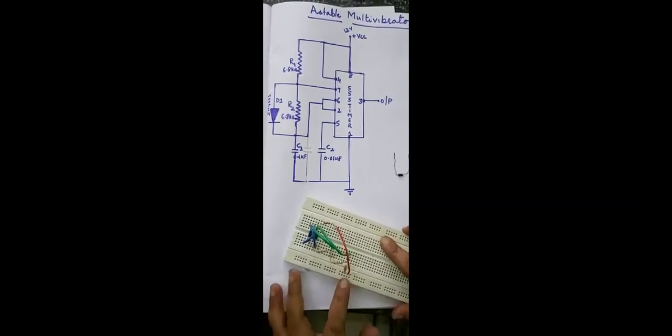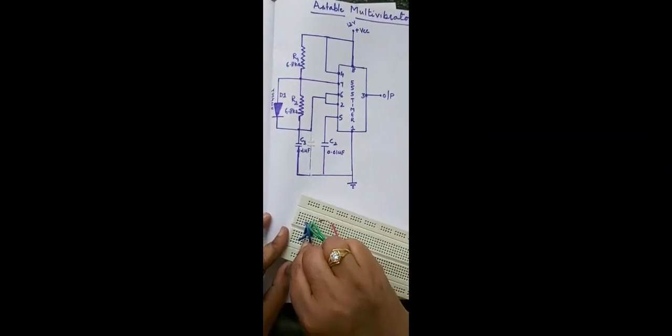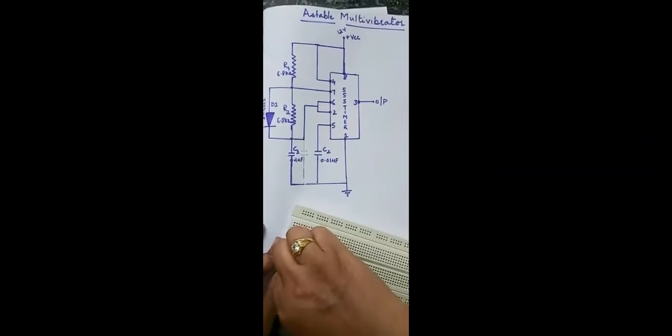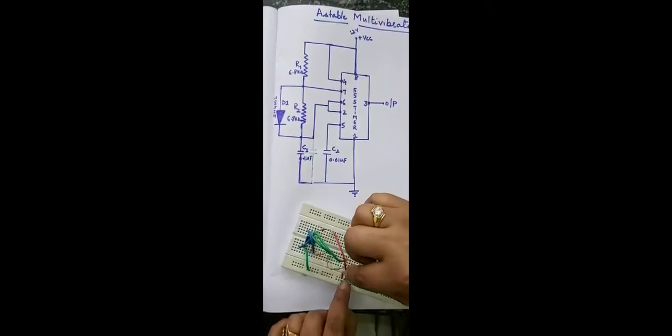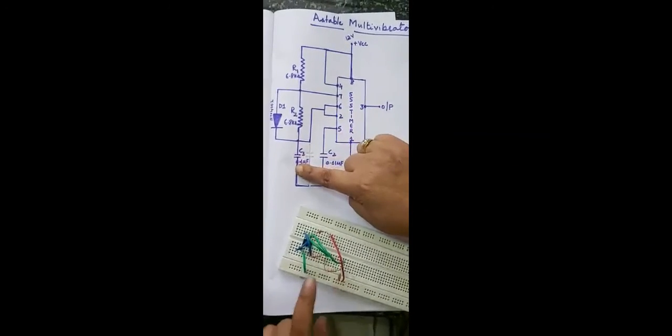Then this is grounded, and pin number 1 also you should ground. Okay, is it clear now? Pin number 1 is grounded, and the capacitor coming from pin number 5 is also grounded here, and another capacitor, which is in series with the two resistors, has one end also grounded here.